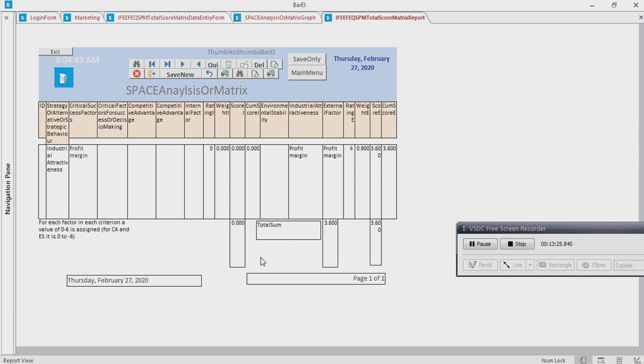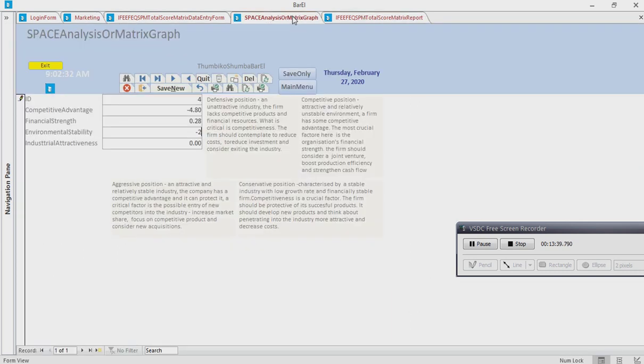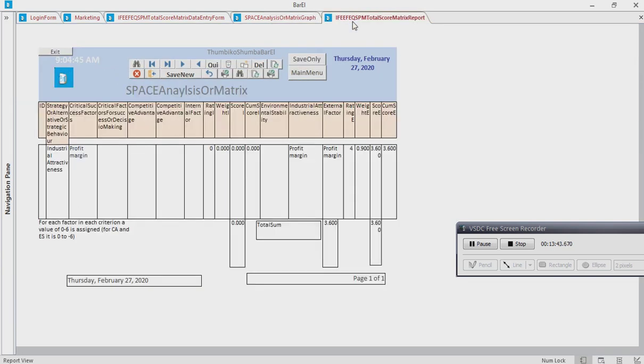All these sums are in average form. It's the average.